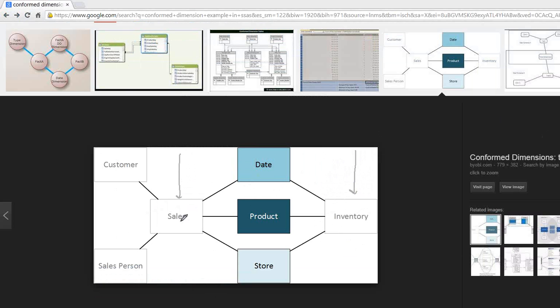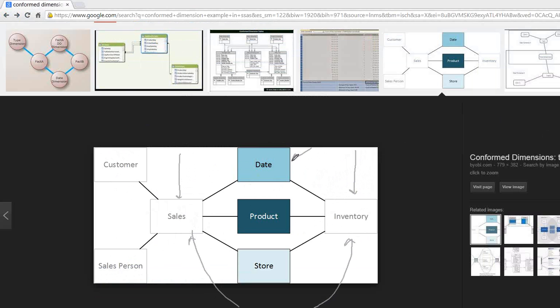Whereas the sales will give you when a product was purchased by which customer. If you use the customer dimension and the salesperson dimension, it will give you information like which salesperson has sold the product to the particular customer. But these two are related, and you can get the information from these two fact tables for your analysis using the conformed dimensions here.